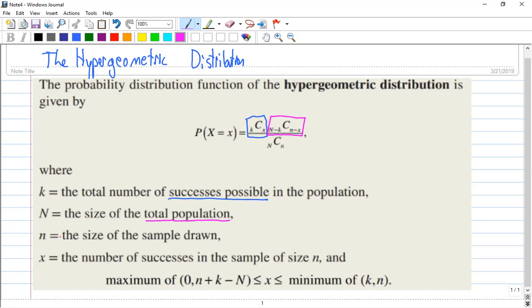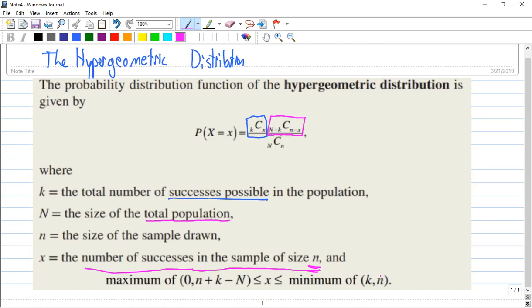And then little x is the number of successes in the sample of little n. It's very similar to the x that we've been using. And it says that x is always going to be greater than or equal to the maximum of, and of course it would have to be positive, I guess it could be 0, the maximum of this, and less than or equal to the minimum of this.